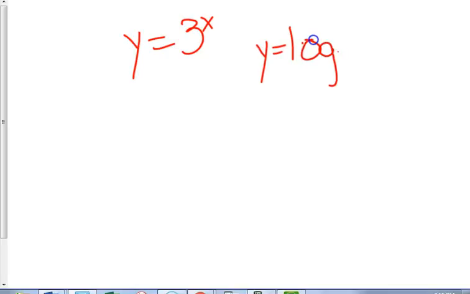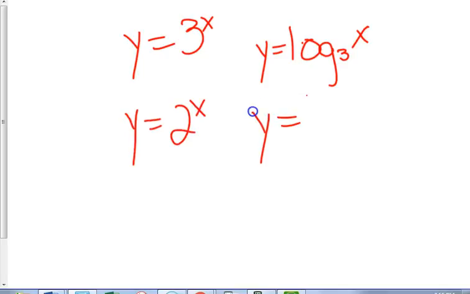It would be very basic, okay? It will either say y equals 3 to the x, or y equals log base 3 of x as a possibility, or y equals 2 to the x, or y equals log base 2 of x.